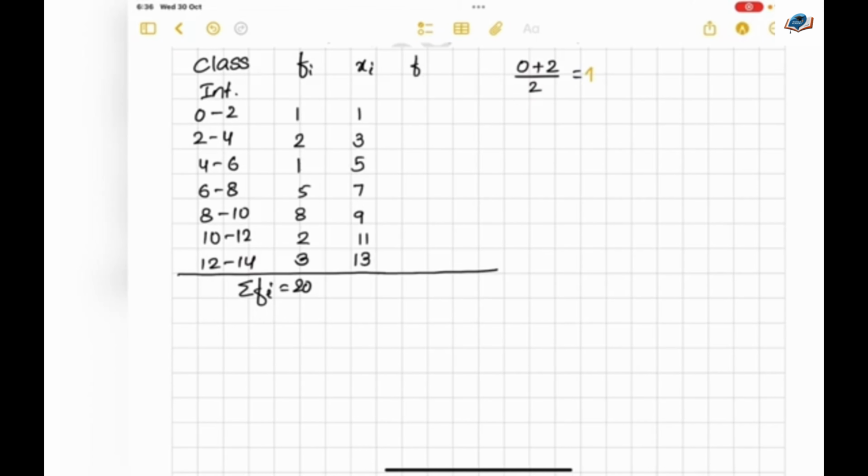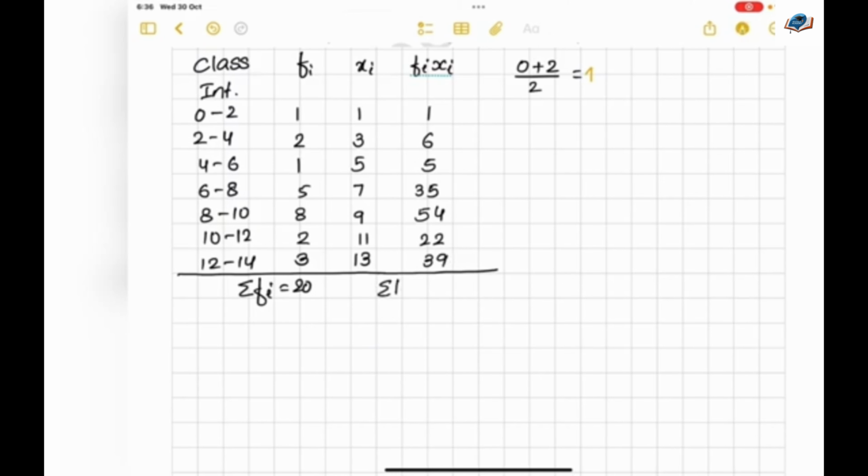Now, if I use the first way, that is fixi, the direct way, it will be easy for me because the multiplications are smaller. So 1 ones are 1, 2 threes are 6, 5 ones are 5, 7 fives are 35, 8 nines are 72, 2 elevens are 22, and 3 13s are 39.